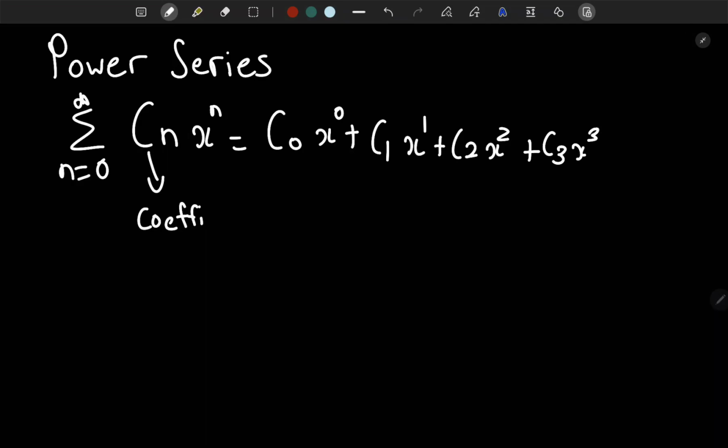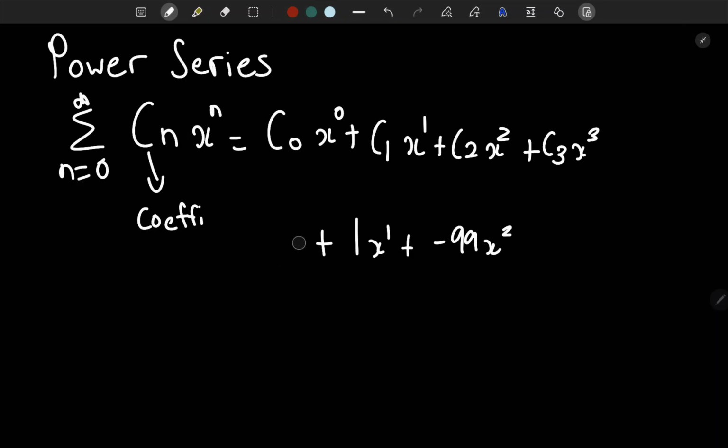So if you notice, this is actually a polynomial, because you could have c0 as, let's say, -3, plus c1 could be 1 x^1 plus c2 could be -99 x^2, and so on, and this goes until infinity, right?